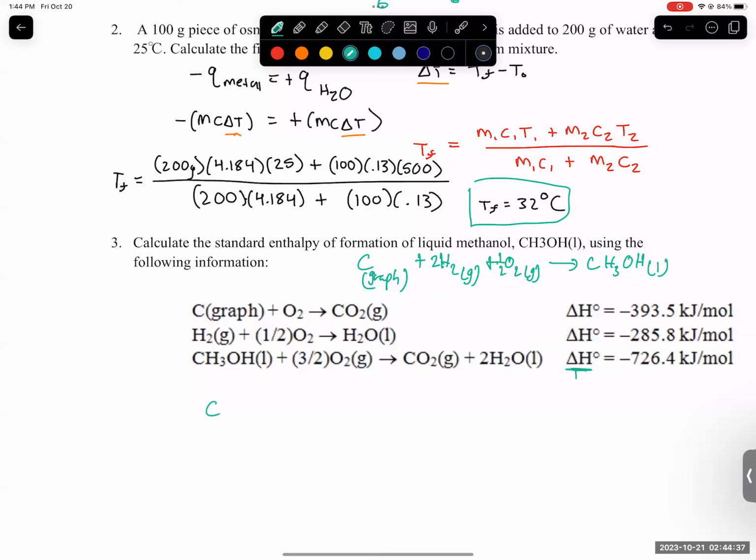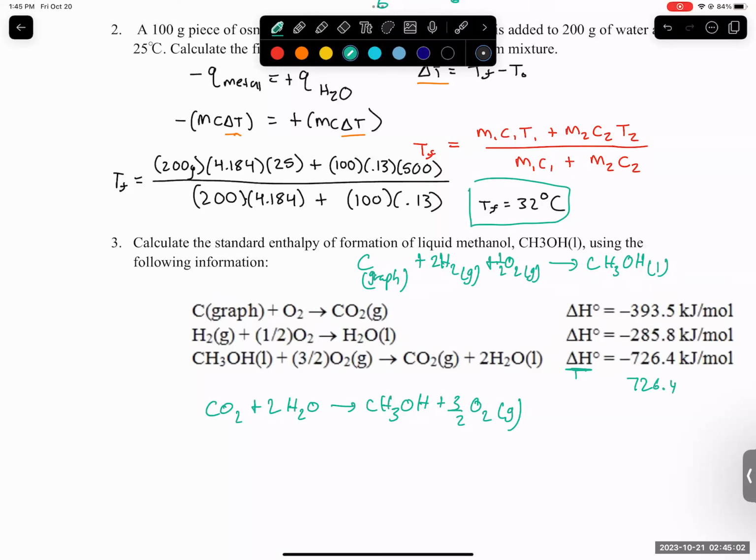So, CO2 plus 2H2O becomes CH3OH plus 3/2 O2. If we flip it, what happens to the sign of the delta H? It turns the opposite sign. So this negative 726 becomes a positive 726.4.